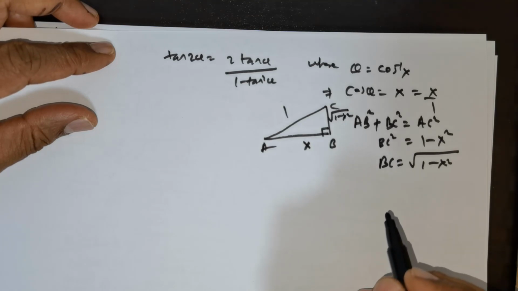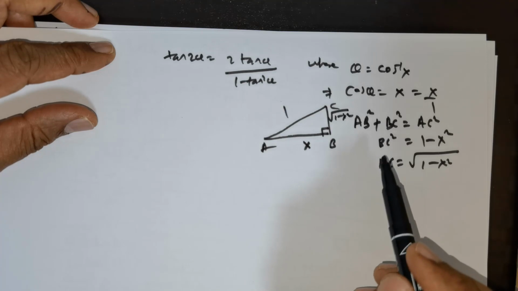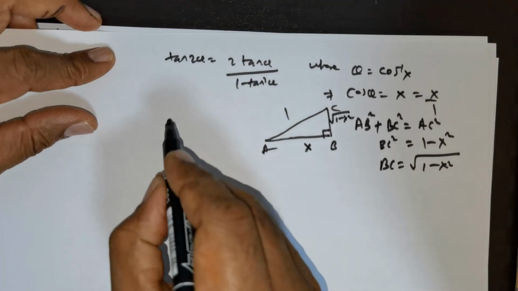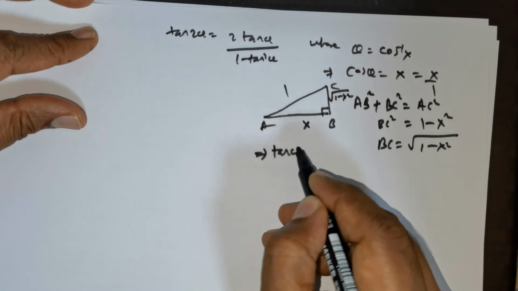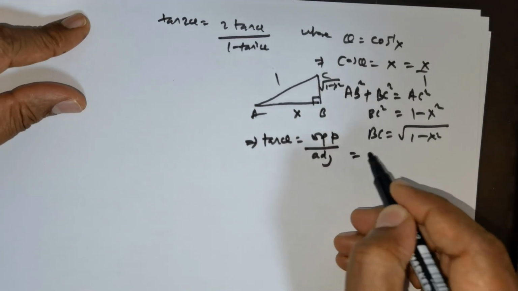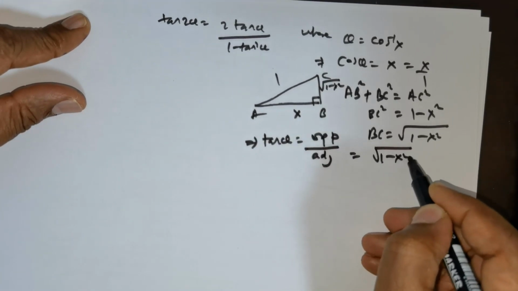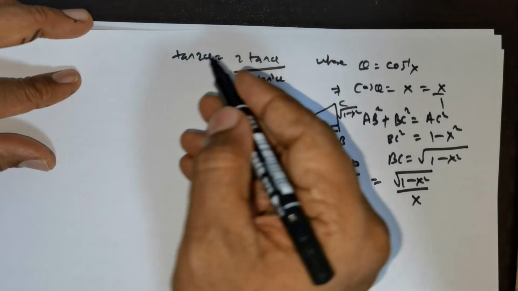Now the question comes here is, we have to evaluate for tan theta, right? So that would mean tan theta is opposite side by adjacent side. Opposite side is root of 1 minus x squared, adjacent side is x. So take this and substitute here.